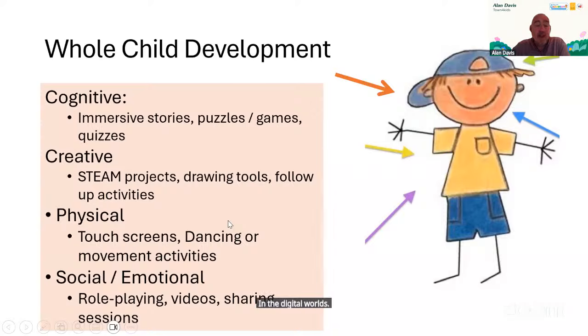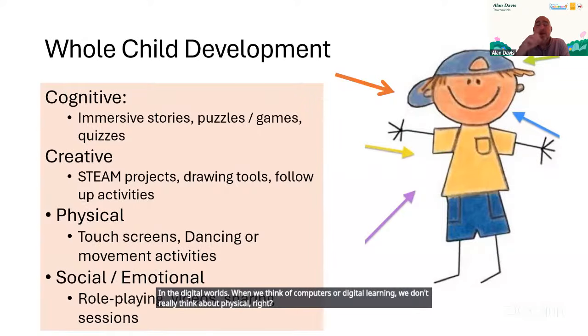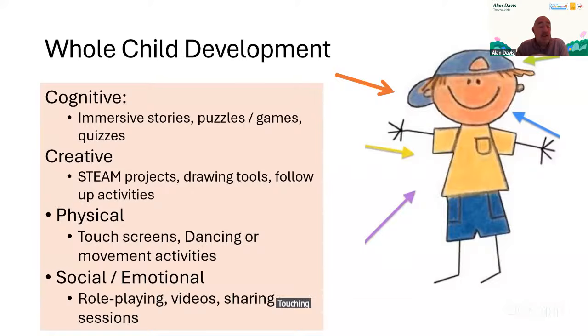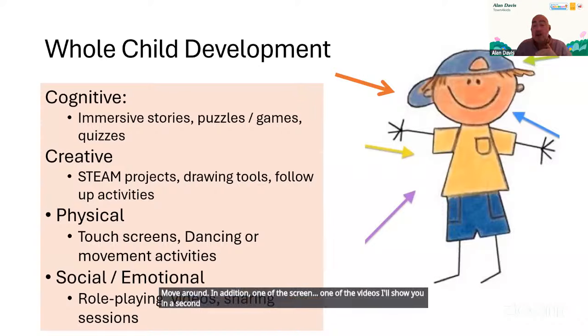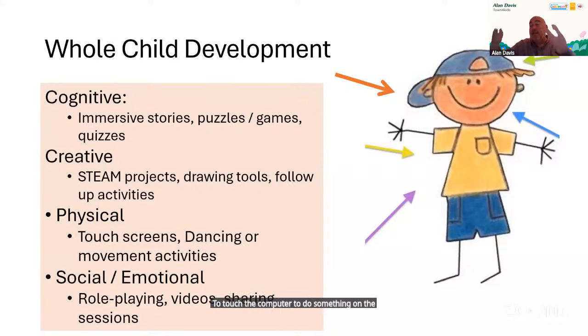When we think of computers or digital learning, we don't really think about physical, right? The only thing they're doing is touching, touching, touching. But we can do things like teach songs and have students dancing, or we can even have movement activities to get the students to actually move around. In addition, one of the videos I'll show you in a second shows the students coming up to touch the computer to do something on the screen and then sitting back down.